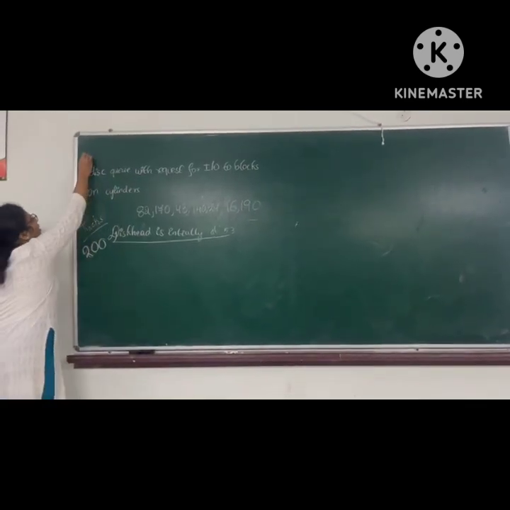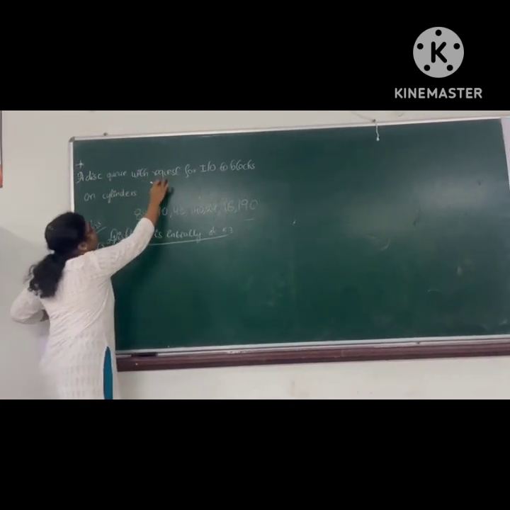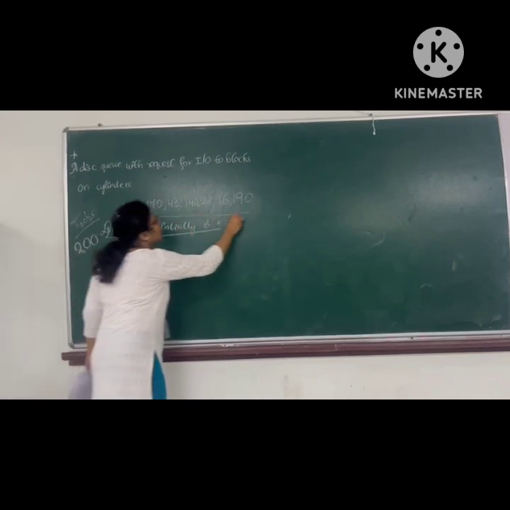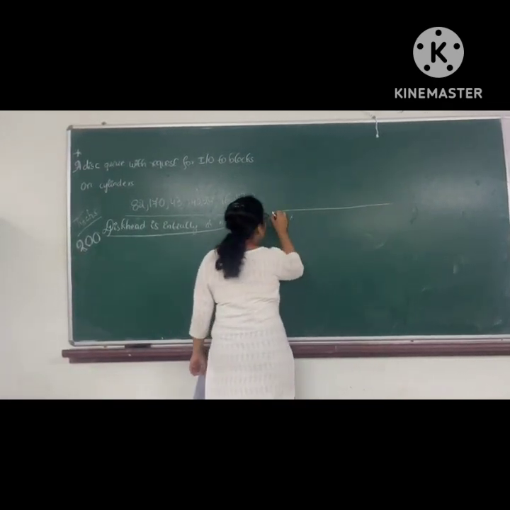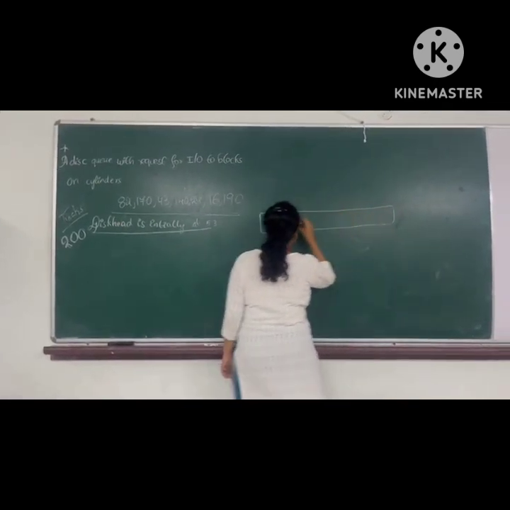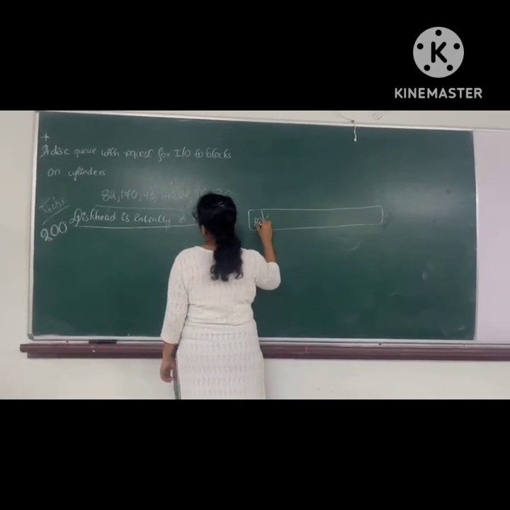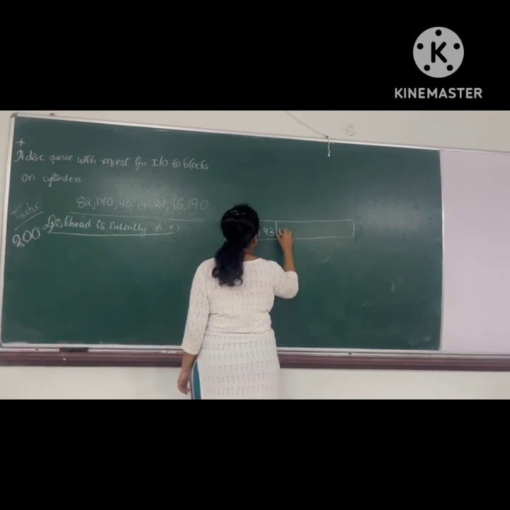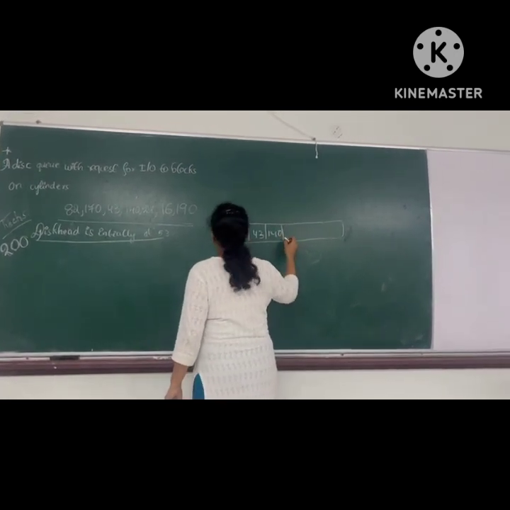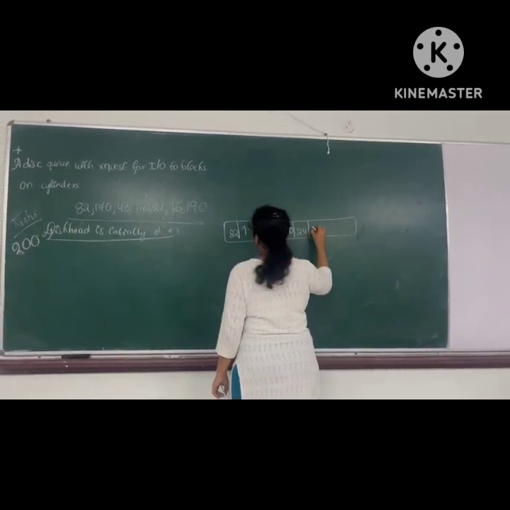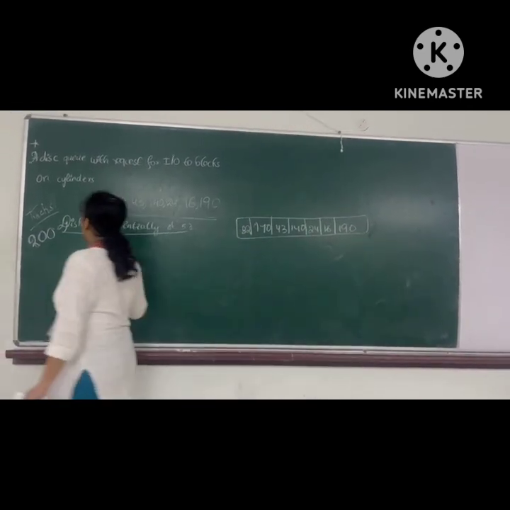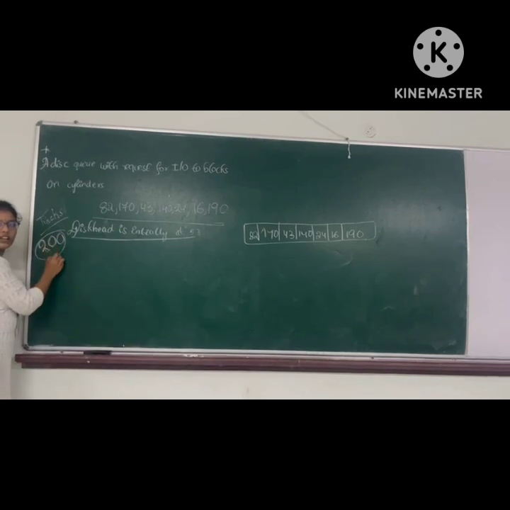Now coming to another example, here also a disk queue with requests for I/O to blocks on cylinders like this. Now these all will be in the form of a queue. That is 82, 170, 43, 140, 24, 16 and 190. And here the total number of cylinders is 200.